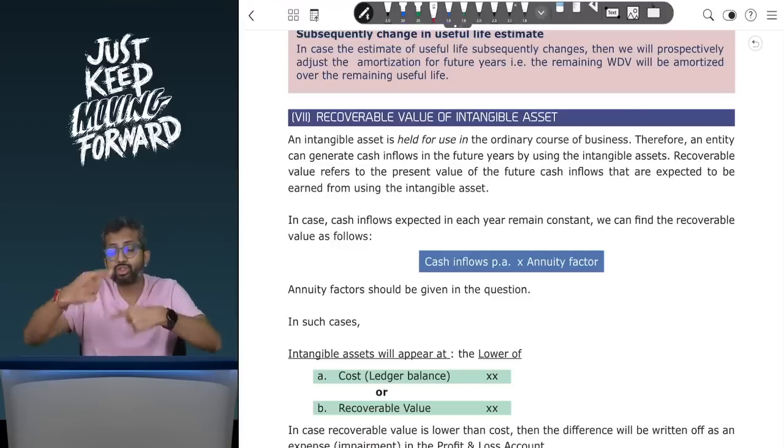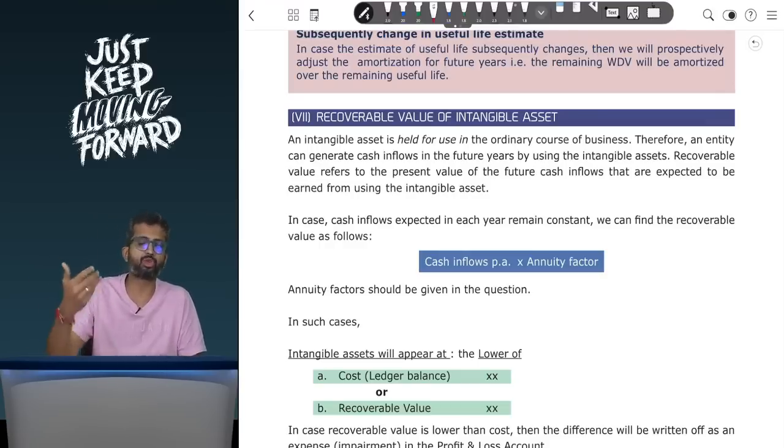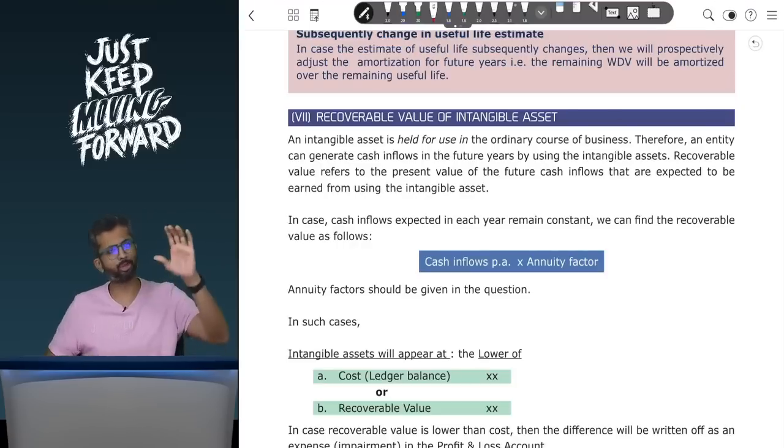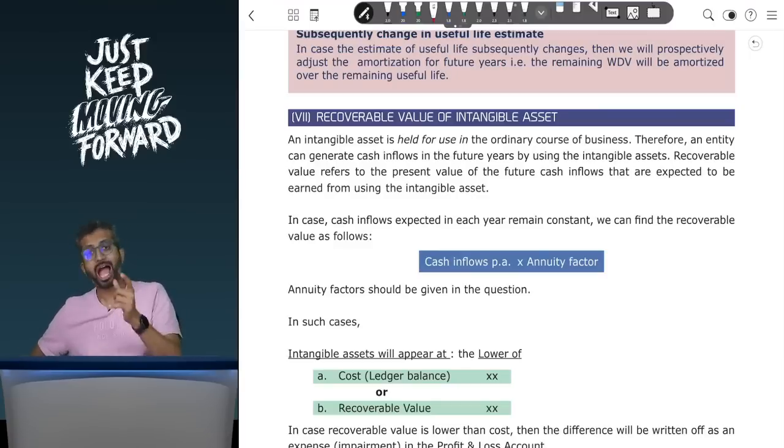If there is an intangible under development, you have to check for financial feasibility. And what is financial feasibility? If I am incurring this cost, will I be able to recover this cost? And recovery can be checked as the present value of future cash flows that it will generate on utilizing the intangible. Generally, in case of an intangible asset under development, you will be given the cost incurred for developing the asset, and you will be given data to calculate a recoverable value, which is the present value of future cash flows.